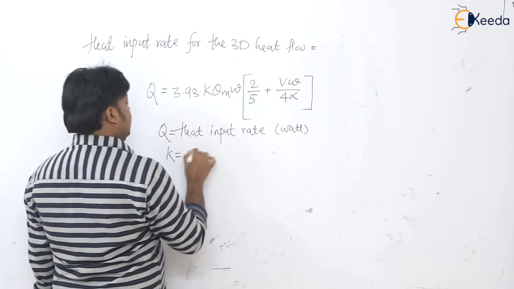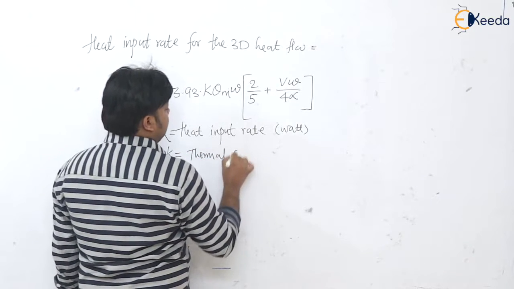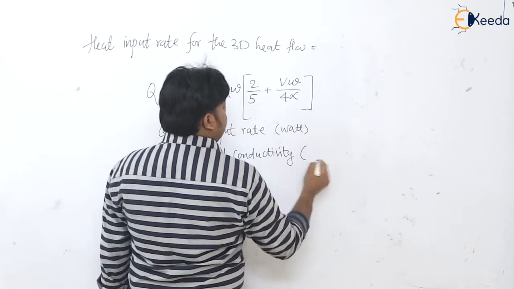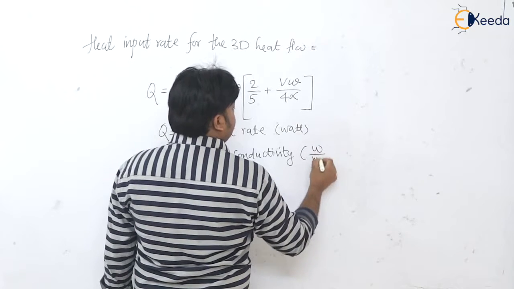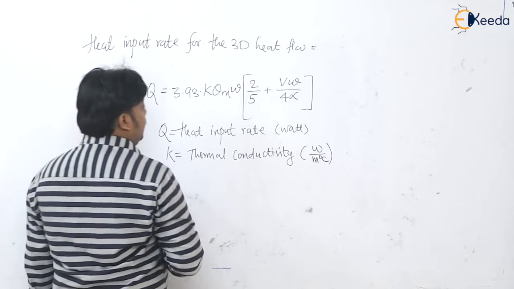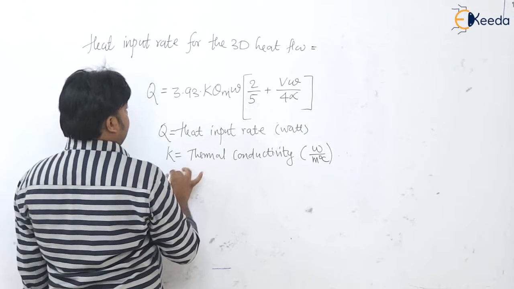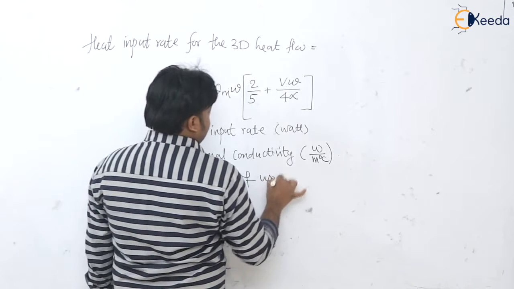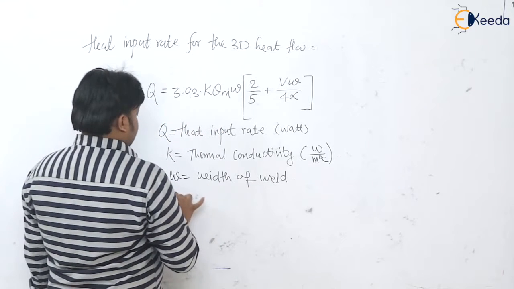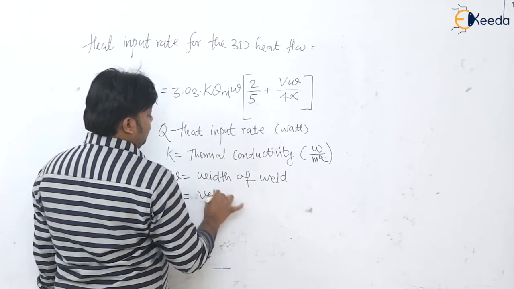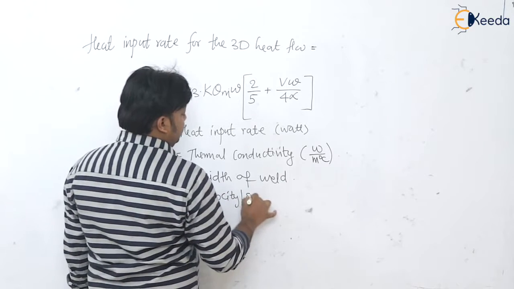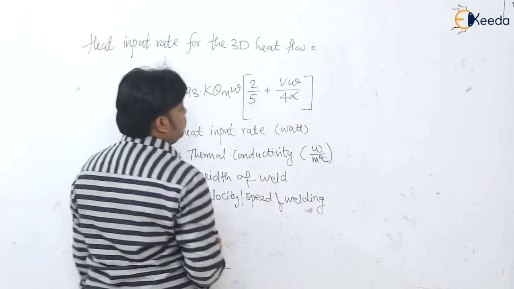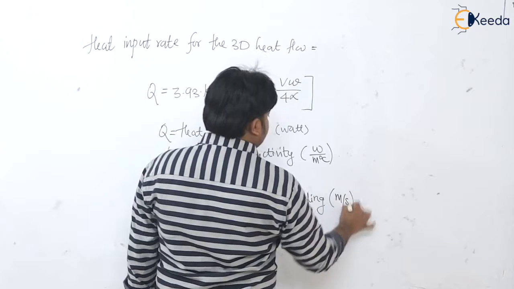K is the thermal conductivity of the plate material in watt per meter per degree centigrade. Then W is the width of weld. V is the velocity or speed of welding, in meter per second.